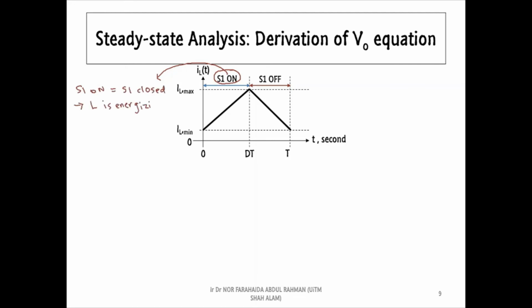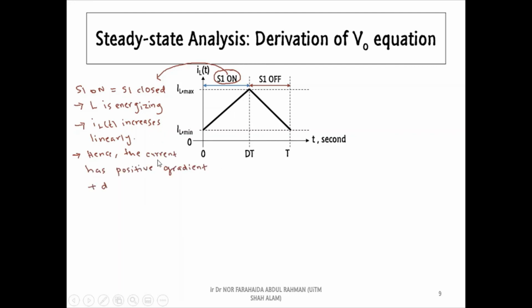At this moment, the inductor is energizing and it causes the inductor current increases linearly. Hence, the current has a positive gradient or a positive slope. In this condition, the inductor is energizing to store magnetic field.